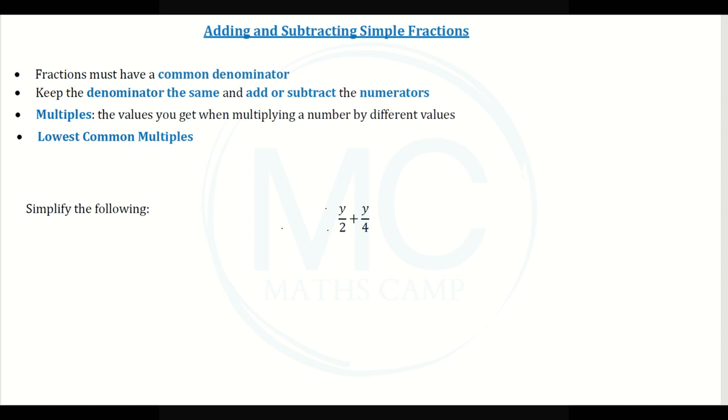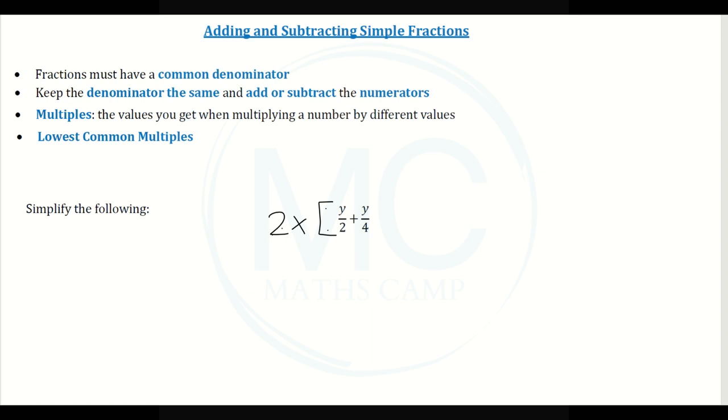Here we have y over 2 plus y over 4. We've just seen that 4 is a multiple of 2. And we get to 4 by multiplying 2 by 2. So we're going to multiply this whole fraction by 2. And remember that when you do this, you have to multiply both the numerator and the denominator.